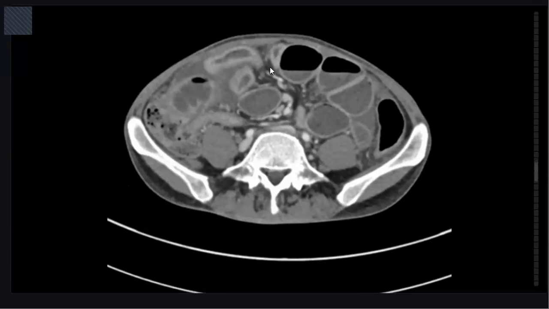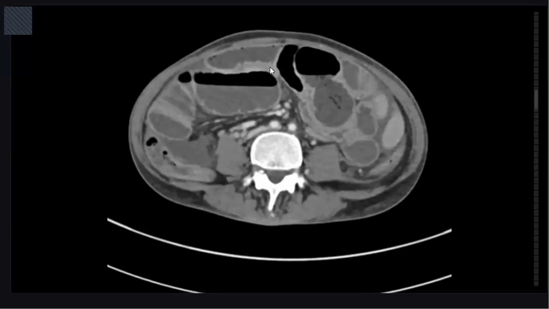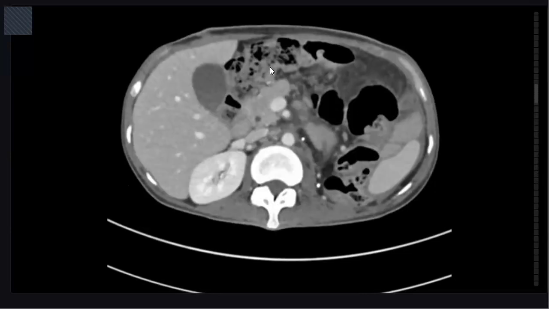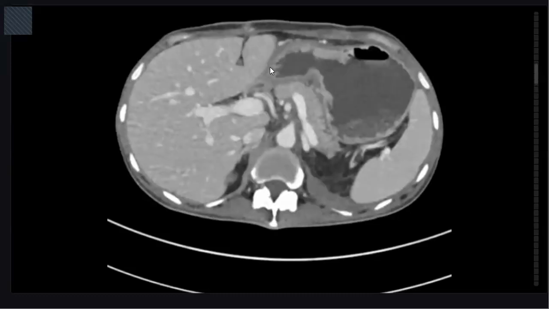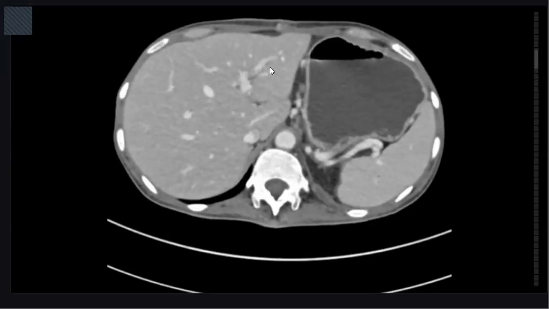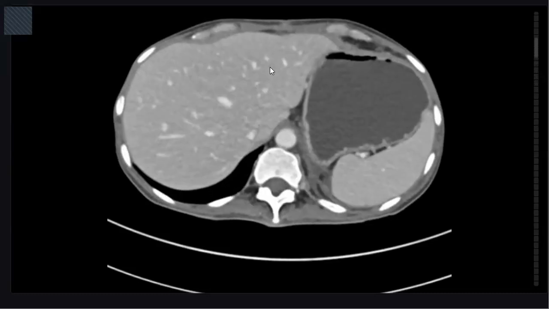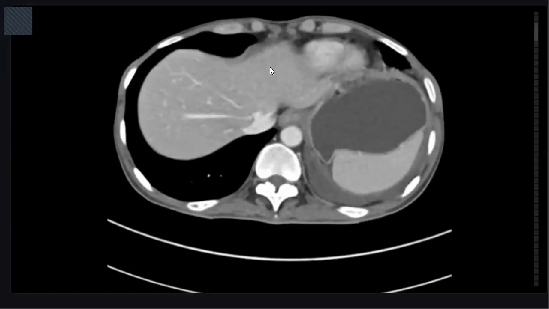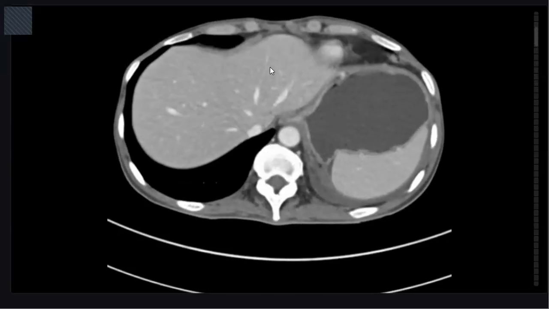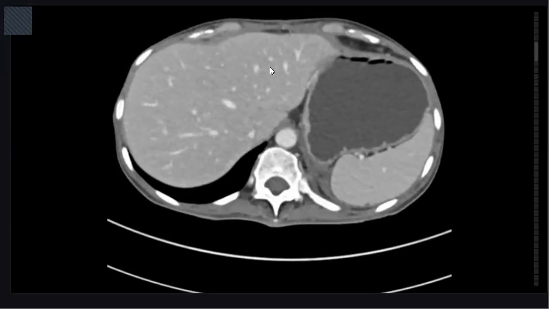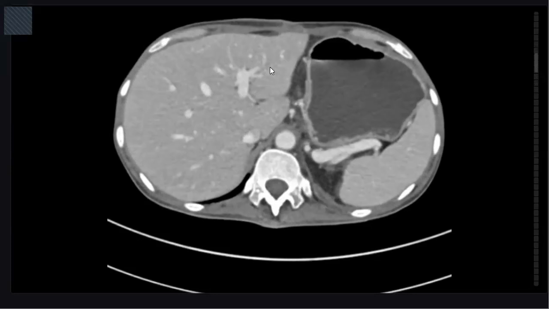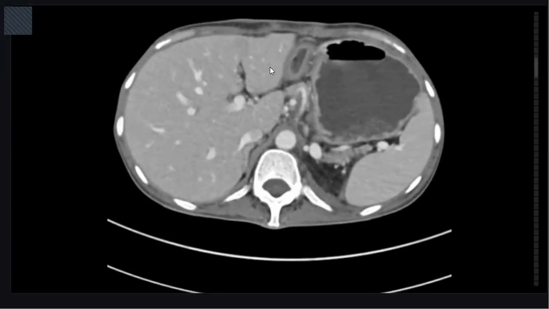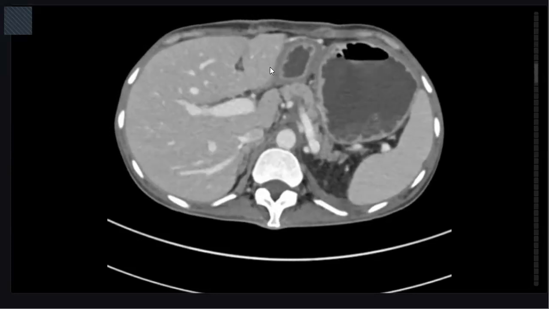This is the post-contrast study of the same patient. I am trying to trace through. Yes, here in the post-contrast study, I am checking this area in the stomach first to confirm, as the stomach here is seen dilated.